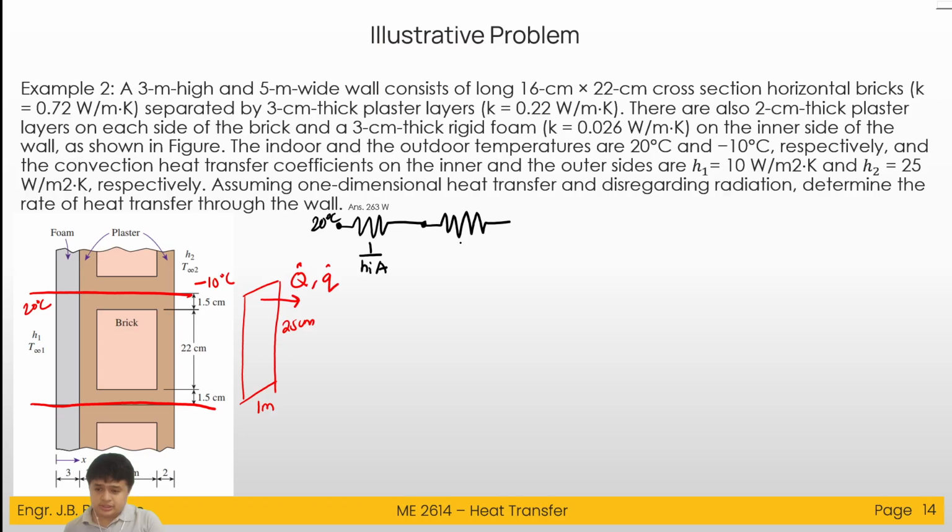So the foam here is, I'll just use 1, so we have L over KA. So 1 here is the foam layer. And then you have another layer here, which is the plaster.